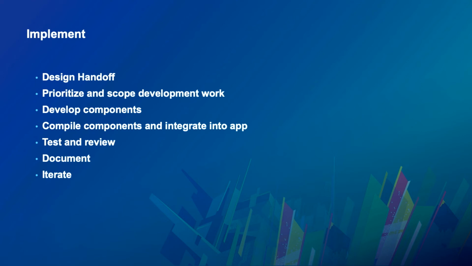Once we have those components, we compile them into the pages or the application workflows that we have designed. We go through a test and review process to ensure everything matches spec, it's reliable, and it meets all those slices of the design pyramid. We make sure it's documented well, because for maintenance's sake, it's a lot easier for us if things are documented well.